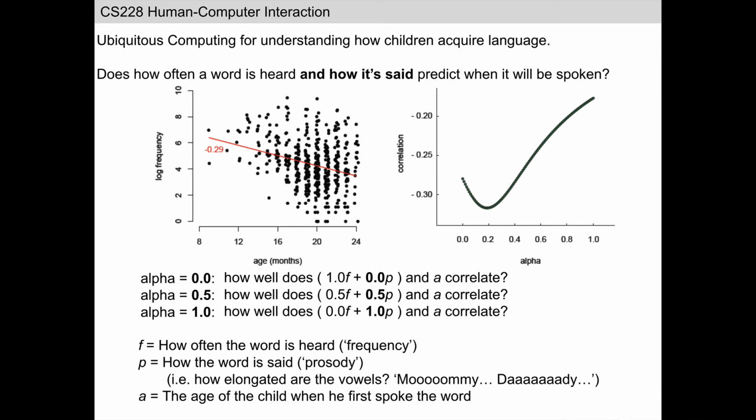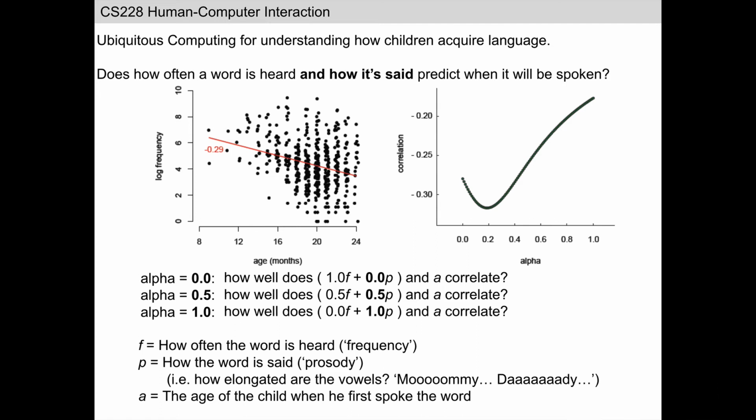And the longer the vowel sound, the higher the value of P. We're going to mark it as having more of this prosodic feature, which in this case is more mommy-ese. Okay, so for all the words, all the points here, we have two numbers associated with it: F and P, how often it was spoken, and how much mommy-ese was used when that word was spoken on average. So far, so good.